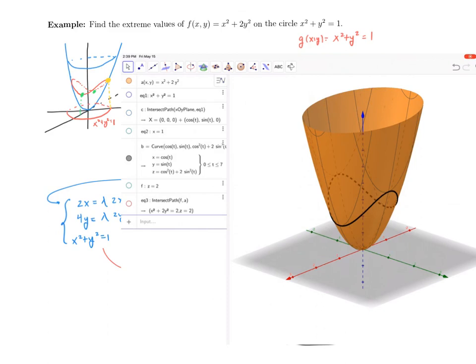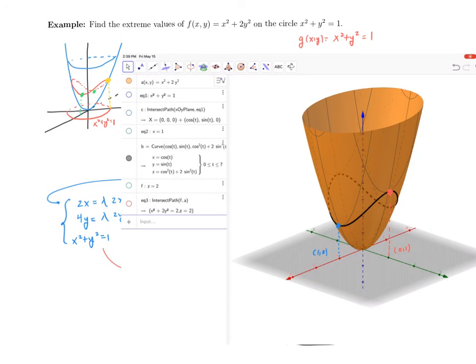And hopefully this gives you an illustration of what we saw, is that biggest value sits directly above this point corresponding to y is 1 or negative 1. And that smallest output sits directly above the point 1, 0 or minus 1, 0, which is the exact observation that we made.